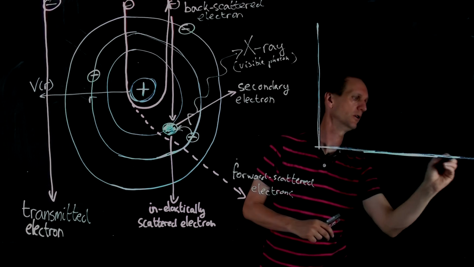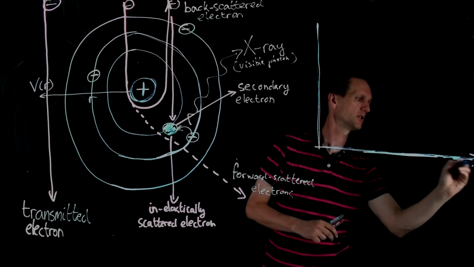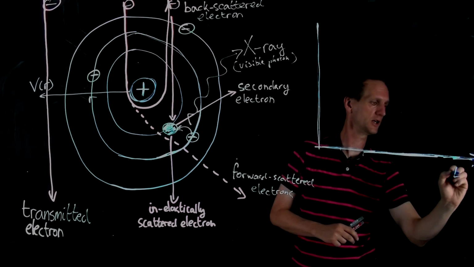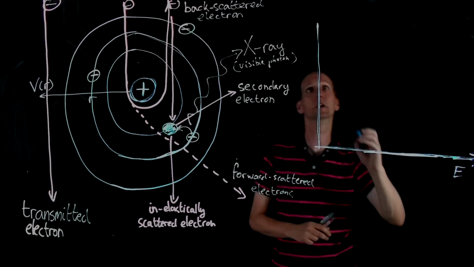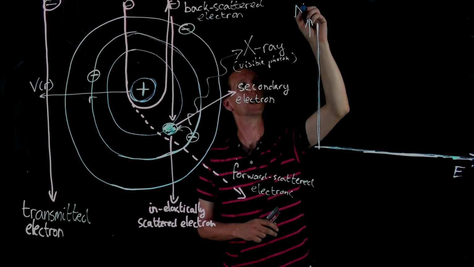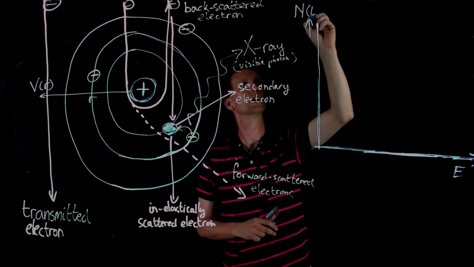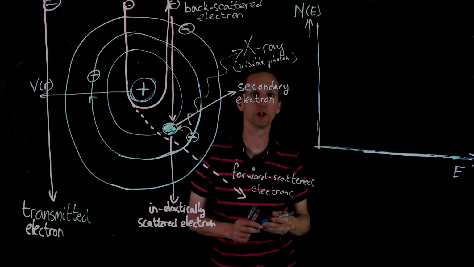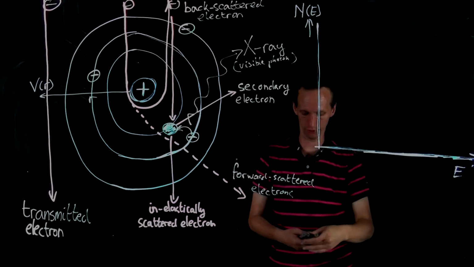So I draw that here. One axis is the energy axis, energy E, and then here I plot the number of electrons n with a specific energy as they exit the material.